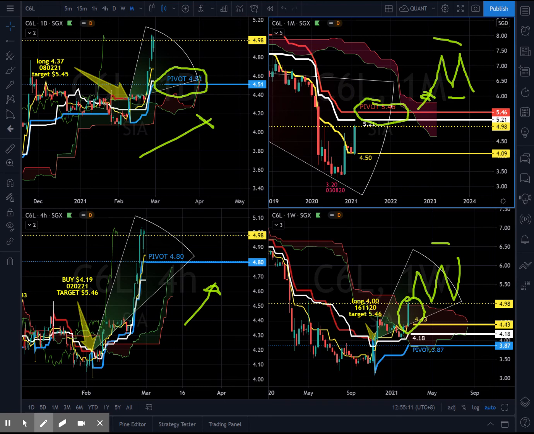Depending on your investment horizon, for longer term investors, look for a break of $5.46 for it to recover to its higher highs over the past 2 decades. For swing traders, follow the weekly charts and have a look at the trend on a medium term, and then take action. For swing traders or day traders, take note of the levels $4.51 as well as $4.80.